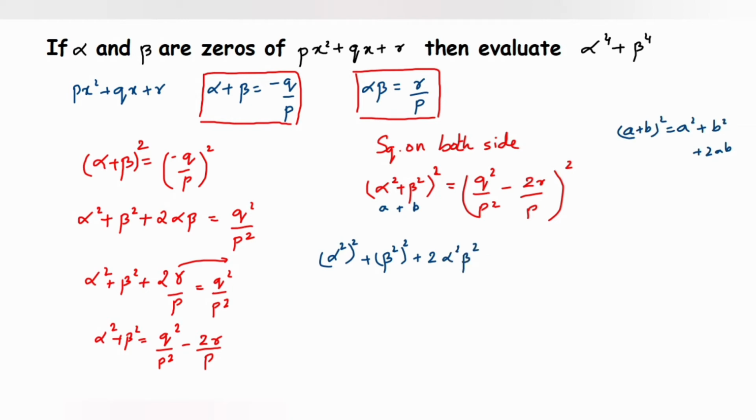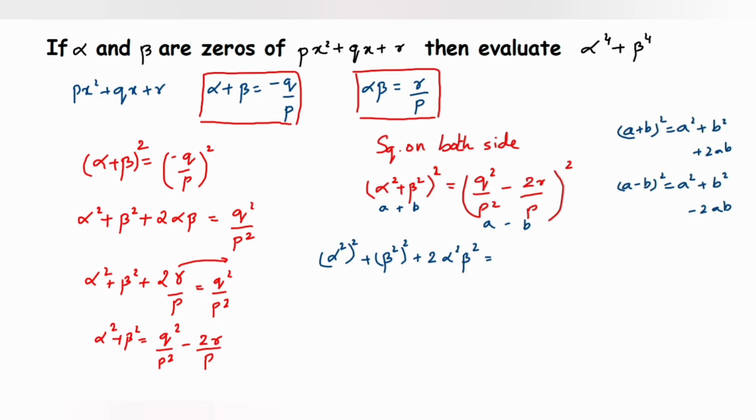Just substitute it. And this is equal to, now here if you see, it's like a minus b whole square. So we know that a minus b whole square is equal to a square plus b square minus 2ab. So we'll just substitute the values here. In place of a we have q square upon p square. In place of b we have 2r upon p.